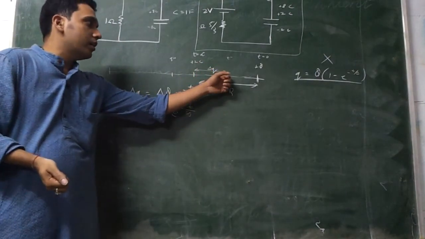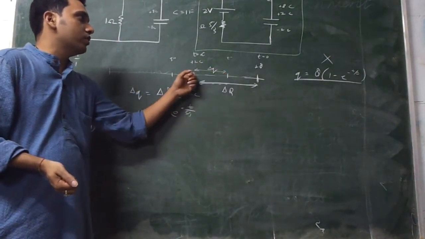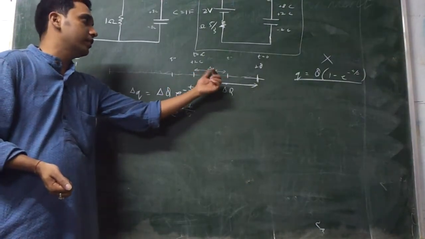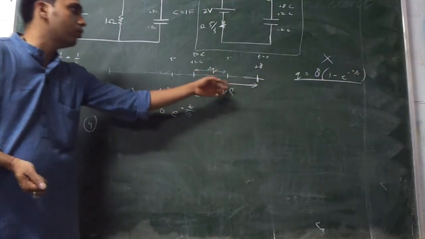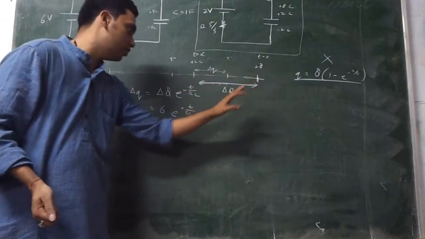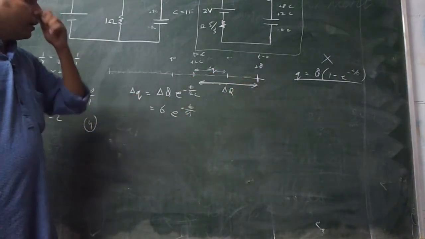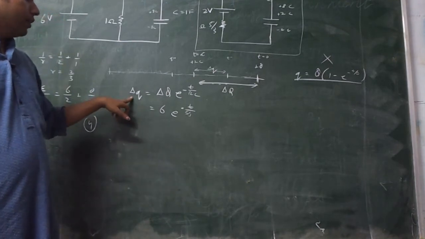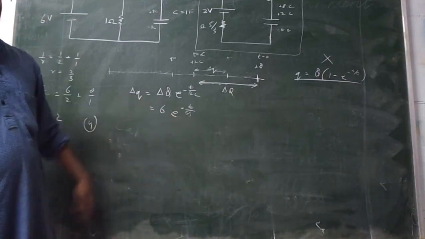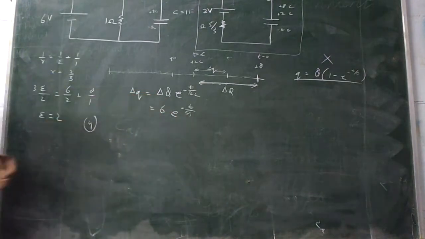How much is the charge on the capacitor and where it wants to reach, this is the difference. This delta Q is equal to capital delta Q at time t equal to 0. As time progresses, this delta Q is 6 into a fraction, e power minus t by something. So this is what you are going to use always.